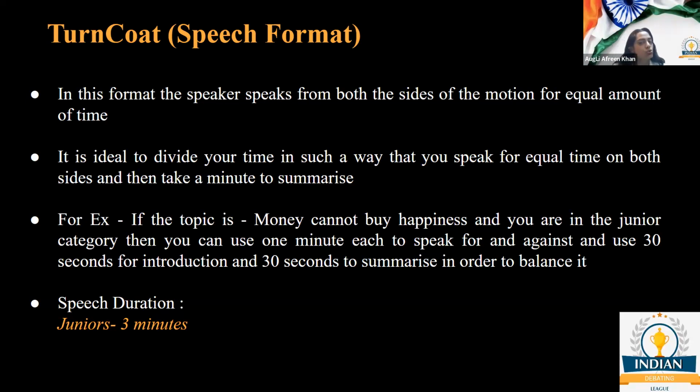Just remember, the introduction and conclusion are always 30 seconds. The rest of the time divided by 2 is going to be your for and against time. We'll send this across in your groups as well, so don't worry about that.